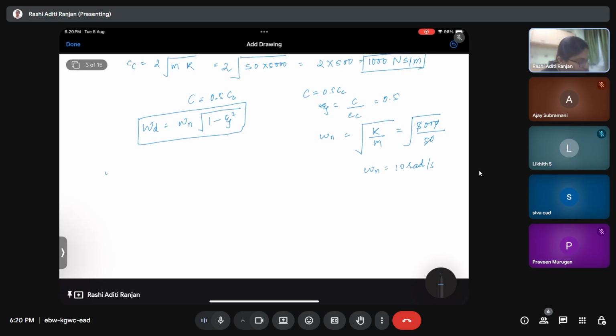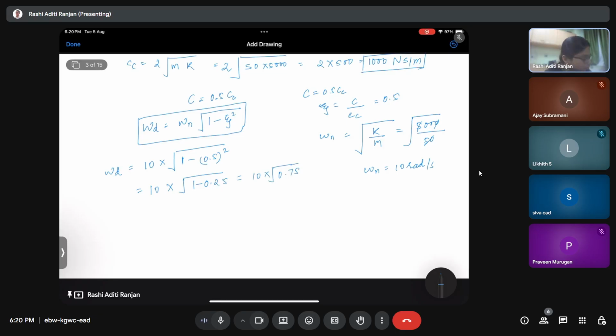So in that case, the damped natural frequency is nothing but 10 into under root of 1 minus 0.5 square. This is 10 into under root of 1 minus 0.25, or 10 into under root of 0.75.